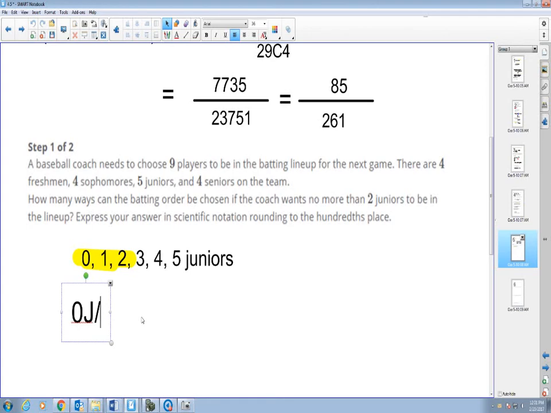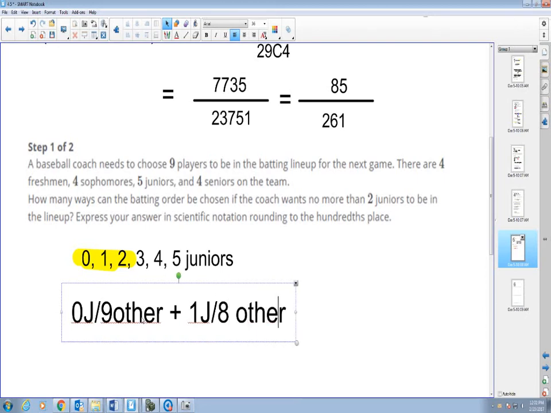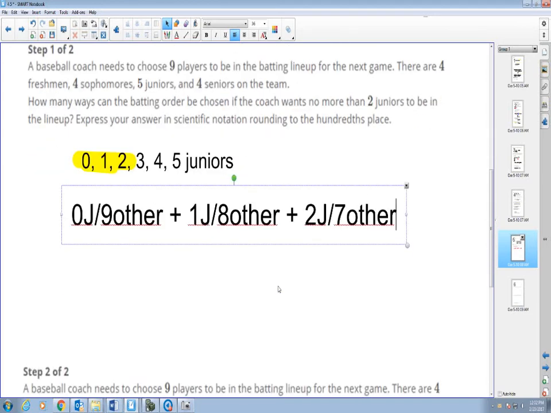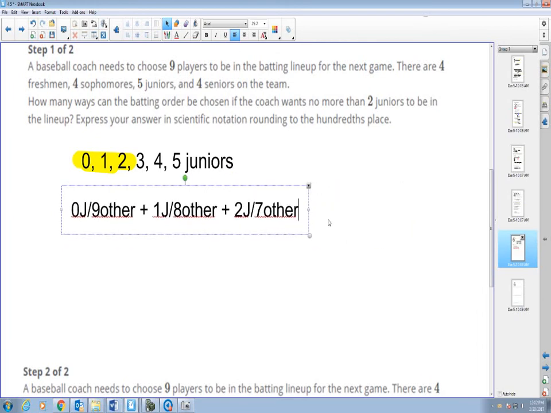Or I can have 1 junior, which means the other 8 positions will be others. Or I can select 2 juniors, so that means 7 other players on the lineup are from other grades. Okay, so these are my scenarios.